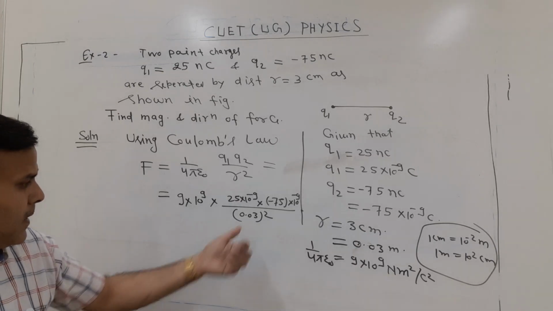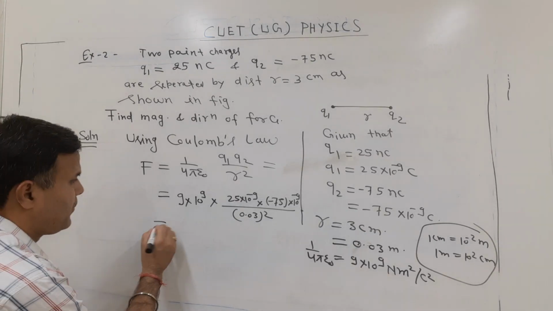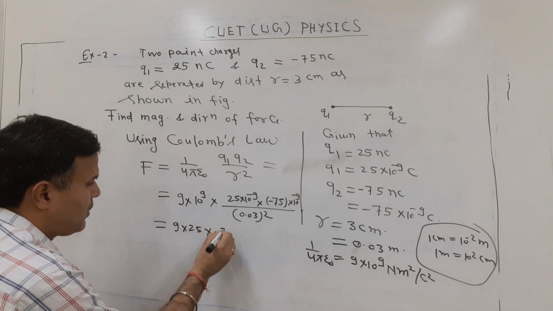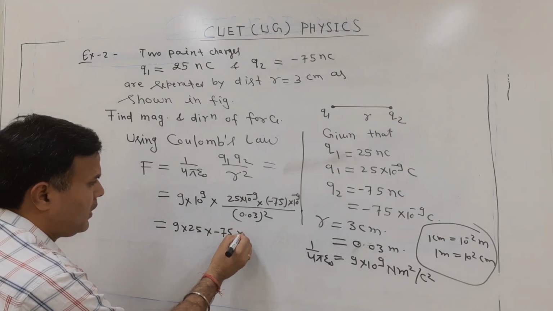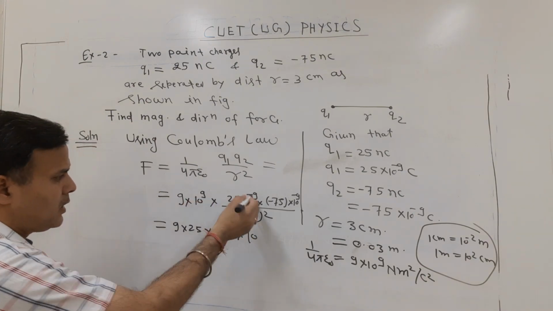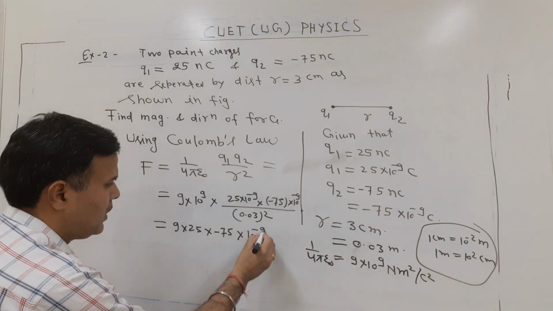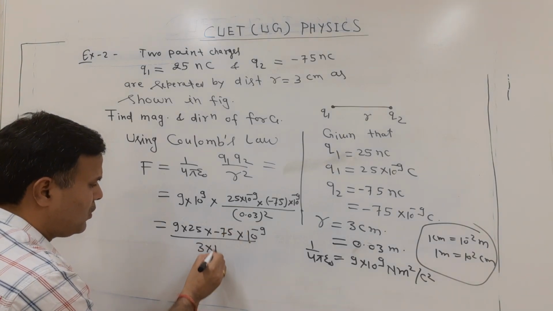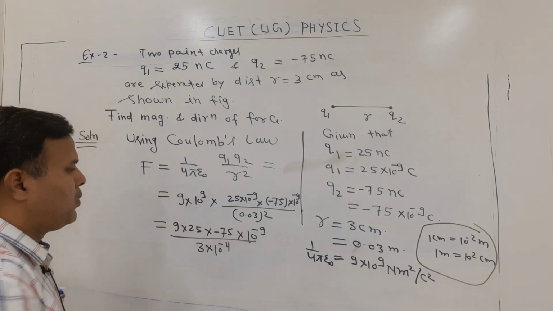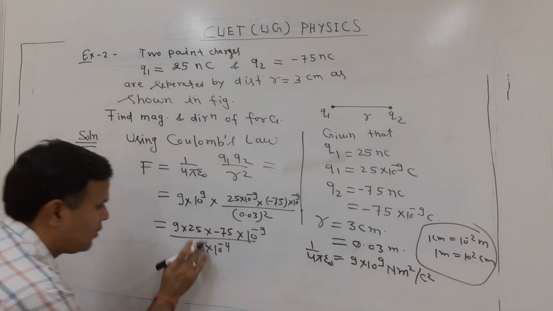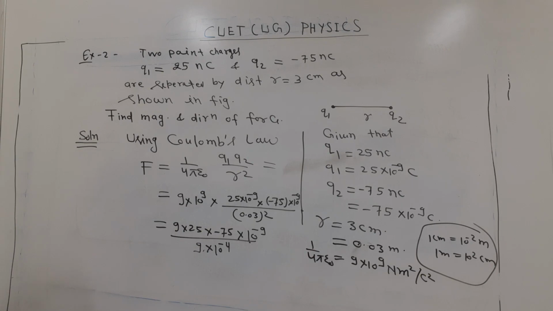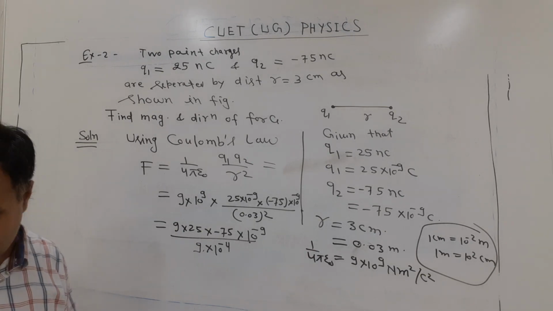So what we have: 9 into 25 into minus 75 into 10 to the power 9, this 9 will cancel out, and the square of distance is 9 into 10 to the power minus 4.